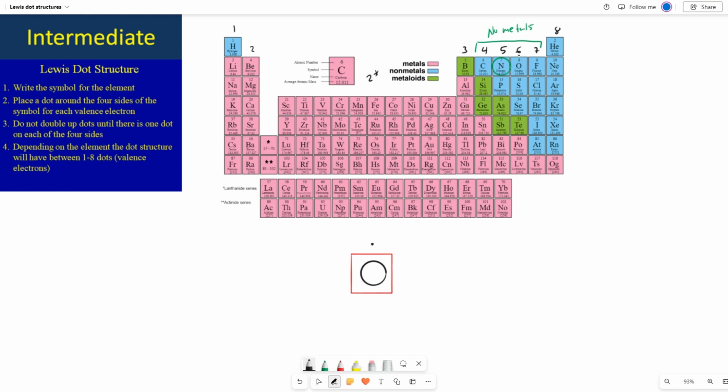So again, it has 6 valence electrons, so we put 1 dot on each side. Then once they're all 1 on each side, you can start to double them up. So there's our 5, 6 valence electrons. Remember, the electrons that are doubled up, these ones and these ones, these are non-bonding electrons.